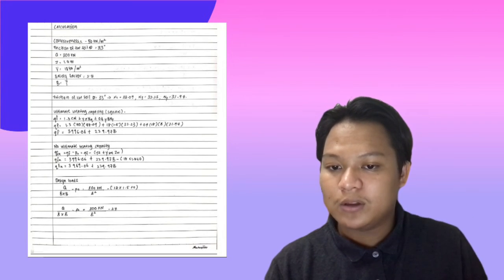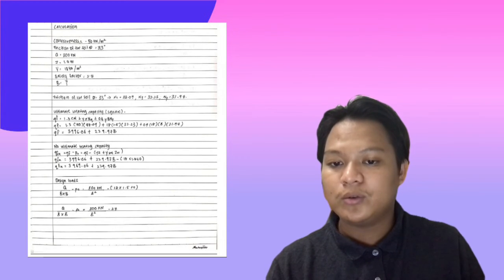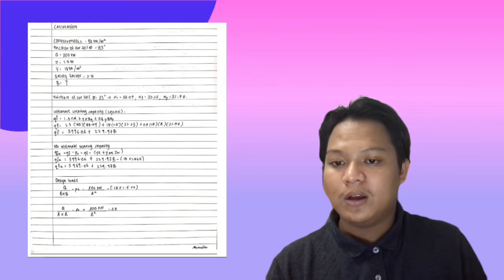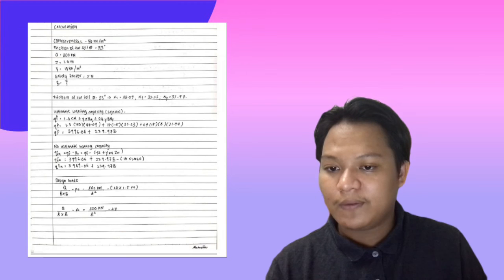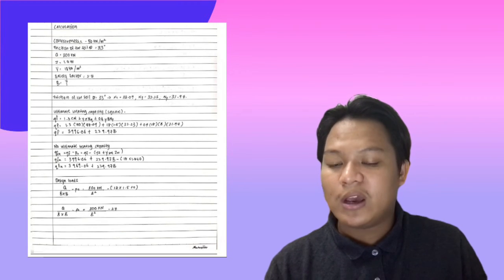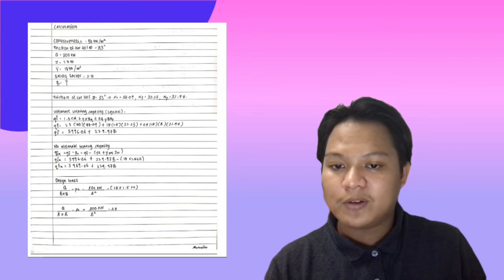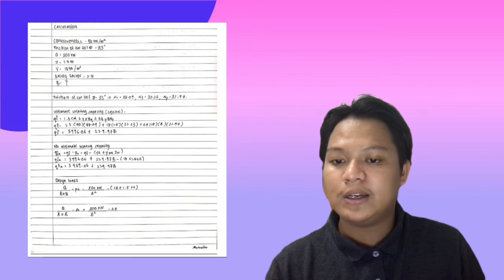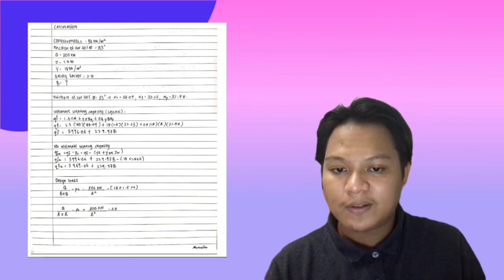So qf is equal to 3996.06 plus 229.97B. Next is the net ultimate bearing capacity. So qf net equal to qf minus p0, equal to qf minus γZ. So qf net is equal to 3996.06 plus 229.97B minus 18 times 1.5 times 0.